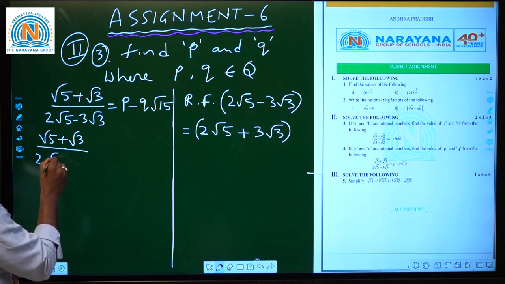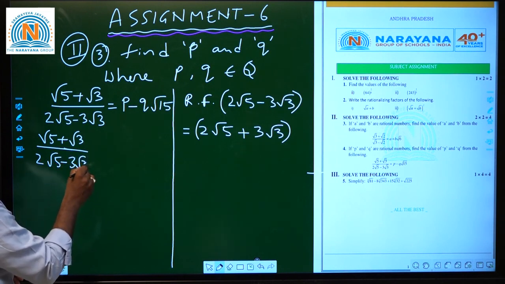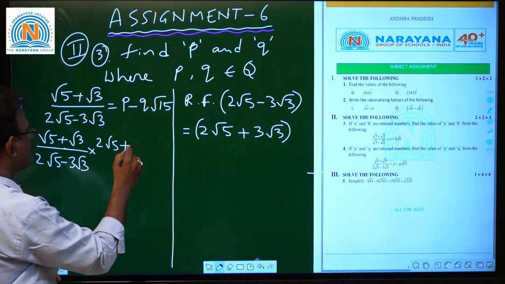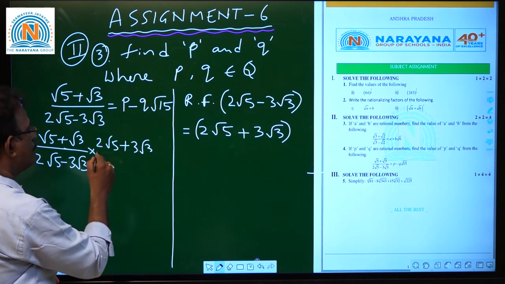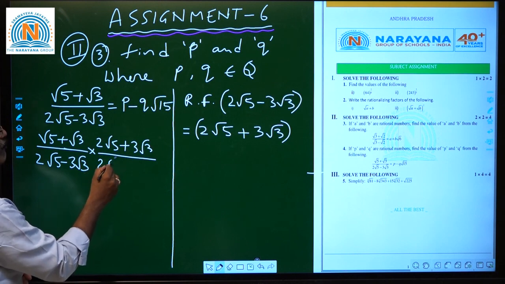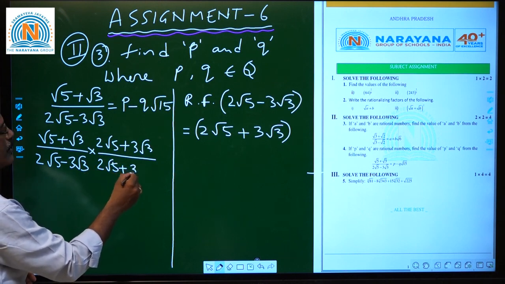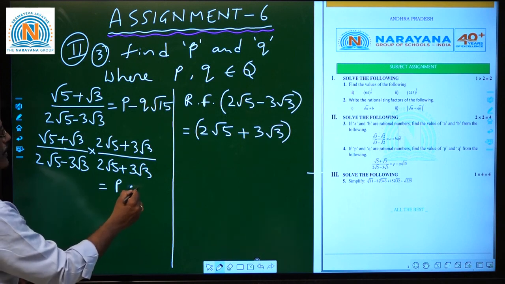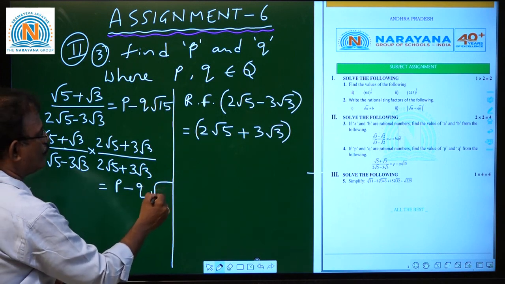(√5 − 3√3)/(2√5 + 3√3) × (2√5 − 3√3)/(2√5 − 3√3) ... is equal to P − Q√15.